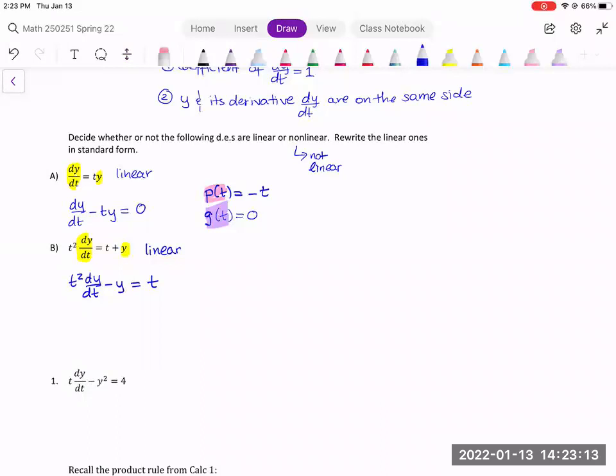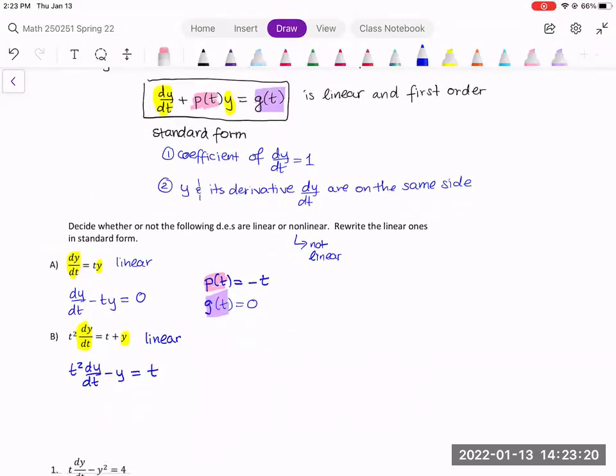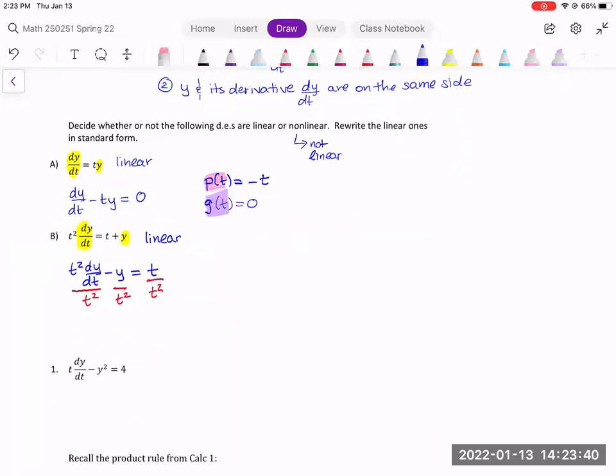Okay, so this is a first step towards being in the standard form, but we're not there yet because the coefficient function of dy/dt is supposed to be equal to 1. So what we're going to do is just divide both sides through by t squared. Make sure that the entire left-hand side gets divided through by t squared, as well as the entire right-hand side. Okay, so this gives us dy/dt minus y over t squared equals 1 over t.